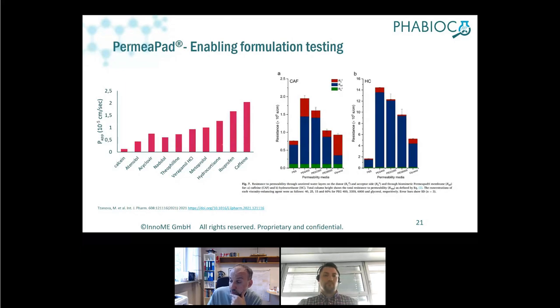And what we have been doing also is not just to test active ingredients, but also to test enabling formulations.